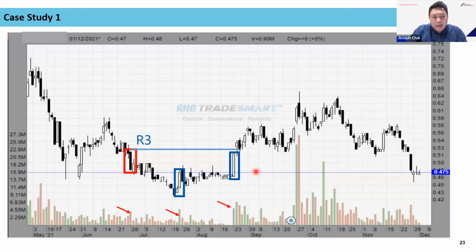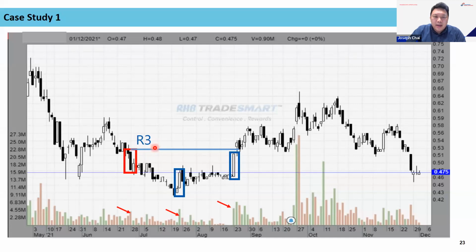In this example, I just want to share with you the real-world application. Most of the time it's very hard for us to look for it, though we know what happened afterwards. But the easier way is you look for black candlesticks with high volume, then draw one horizontal line here, and I mark it as R3. Why R3?